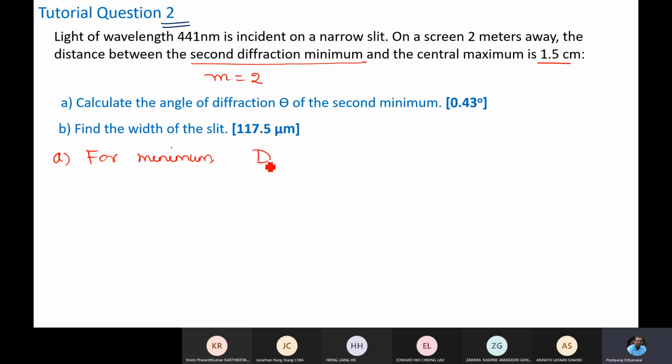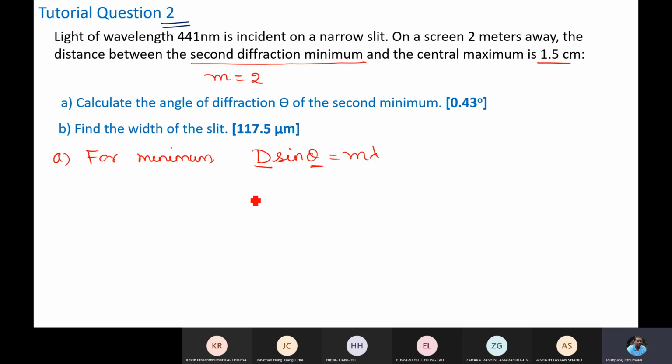The condition is d sine theta equal to m lambda. But here what is d? We don't know d, and we don't know theta also. So we cannot use this formula.